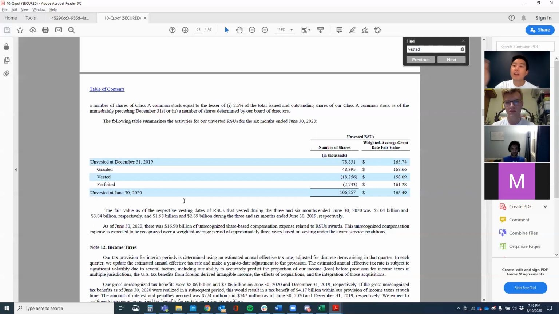So if you're a programmer at Facebook, and I give you 100 RSUs vesting over 4 years in equal annual installments, I would give you basically 25 shares of Facebook stock every year that you work here, right? That's what it means to vest. To vest something means you've fulfilled your time commitment.